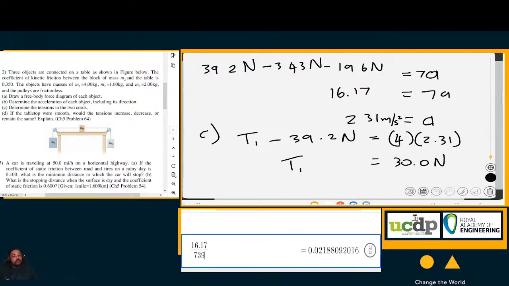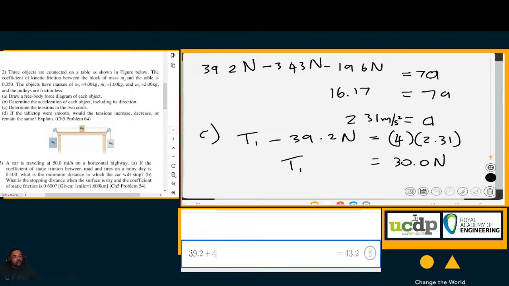So 39.2 added to 4 times 2.31. That is 48.44. Just make sure.